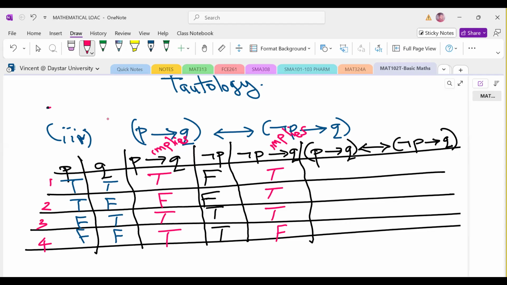Good. So the last column, which is actually the final answer that we are expected to have, what is the main operation are we defining?